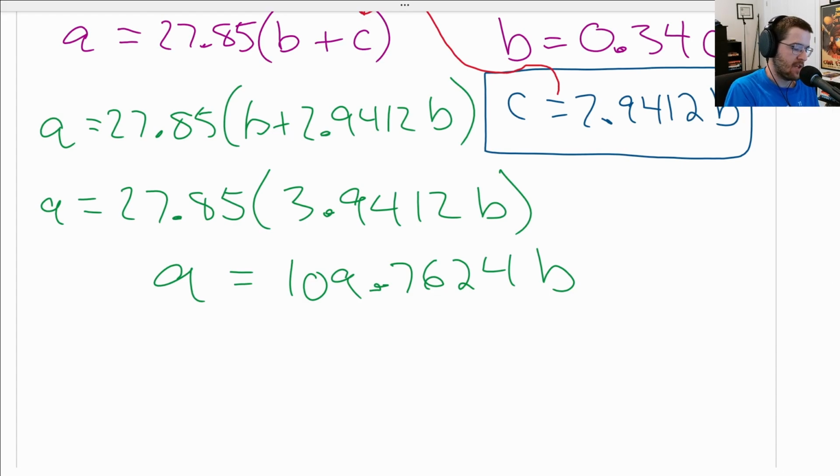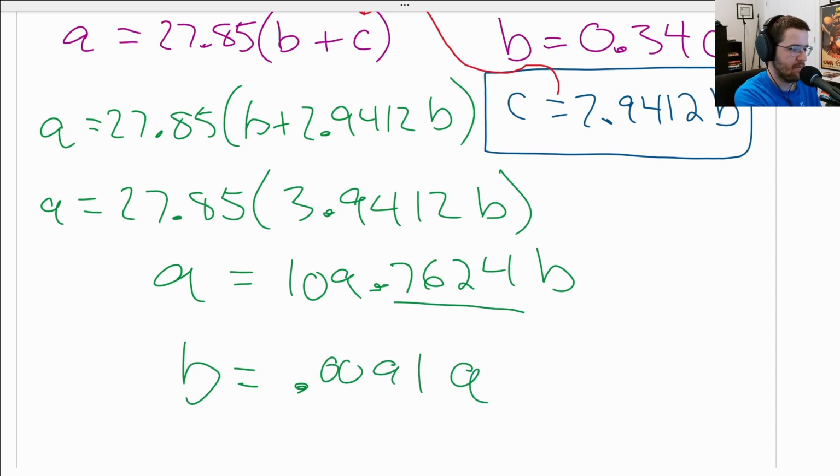We're going to divide both sides by 109.7624. I'm just going to do this on a calculator. I am getting B equals 0.0091A.